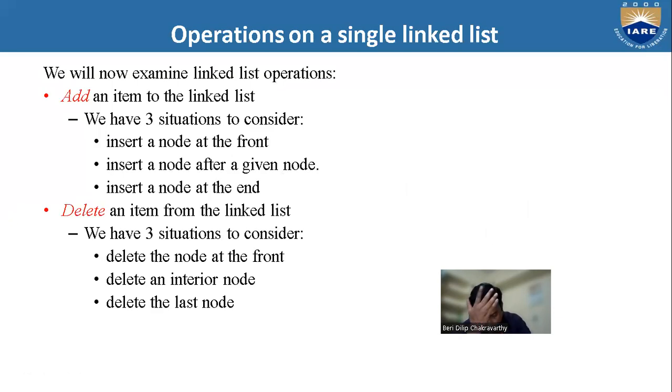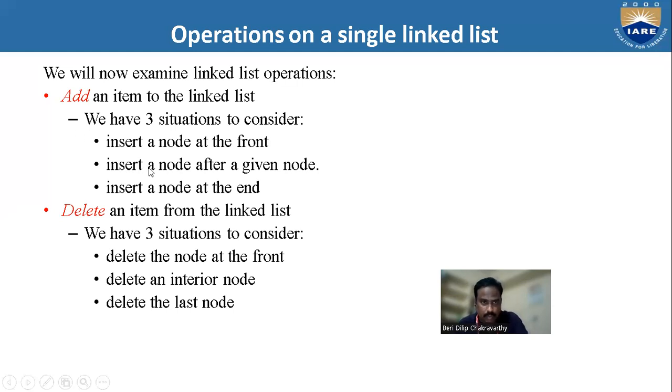As I already told you, there are a lot of operations performed on a singly linked list: addition, insertion, deletion, traversing. In insertion, again, there are three cases. Am I inserting my node at the front position, or at the end, at the last position, or at some given position?